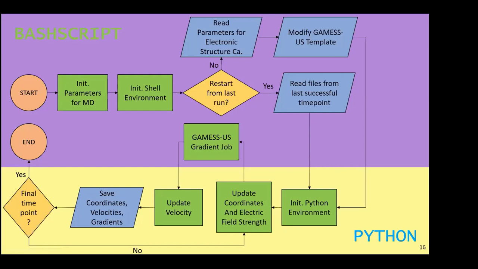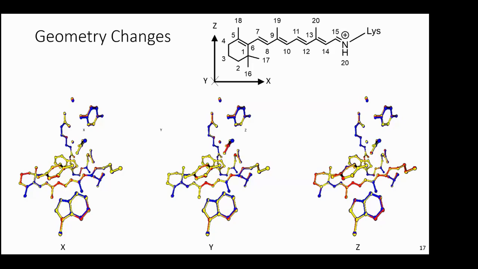So without further ado, I'd like to get into the results of carrying this simulation out. Here we can see the geometries of the bacteriorhodopsin model over the course of the simulation. On the top, we just see the directions of the applied external electric field relative to the retinal moiety.